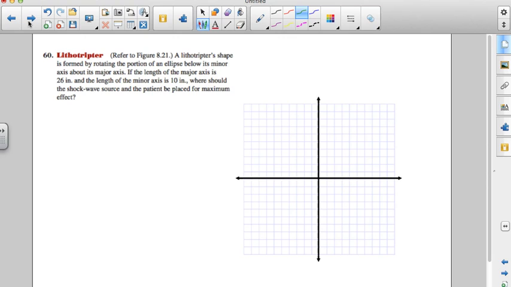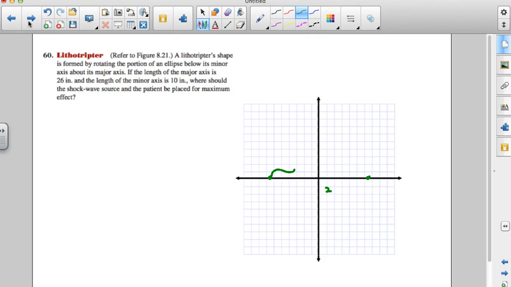So we certainly could sketch it out and say, all right, major axis is 26. We don't know if it's horizontal or vertical, so we'll take the easy way out and make it horizontal and go 13 out in each direction. I'm going to make these go by 2s. So 2, 4, 6, 8, 10, 12. There's our 13. 2, 4, 6, 8, 10, 12. And that's our major axis.